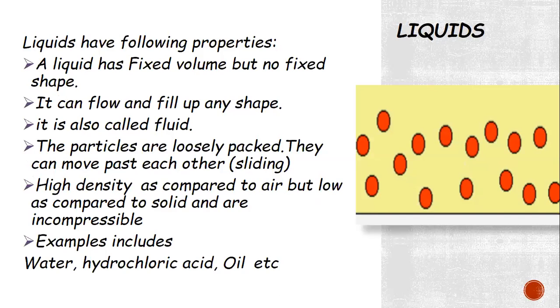They can move past each other, so they can slide over one another. They have a high density as compared to gases, but low as compared to solids. They are incompressible. Examples include water, hydrochloric acid, oil, etc.